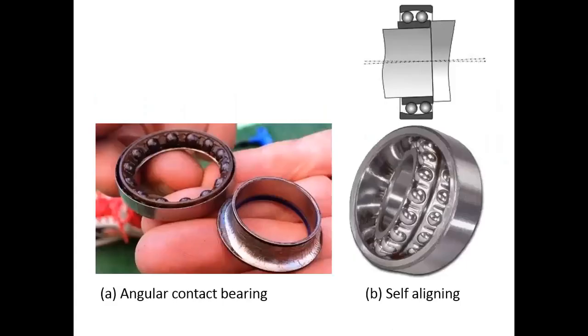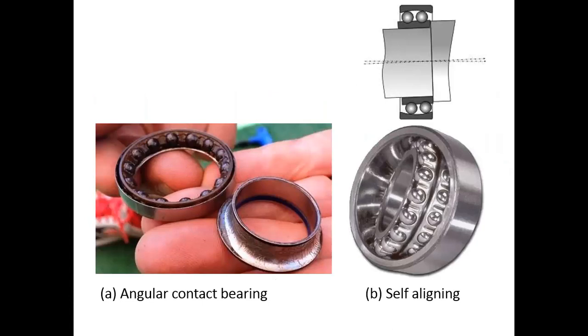These are the types of roller bearing. In the angular contact bearing, which allows only rolling or rotary motion, the axis of the roller bearing and the axis of the shaft mounted on the bearing should coincide.